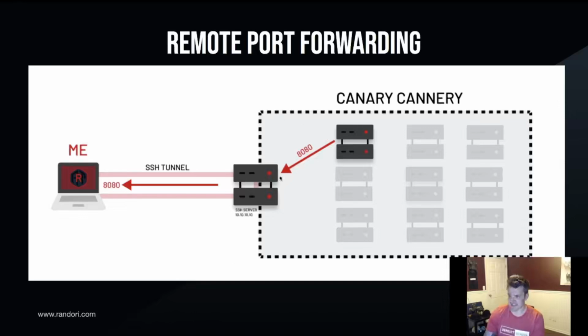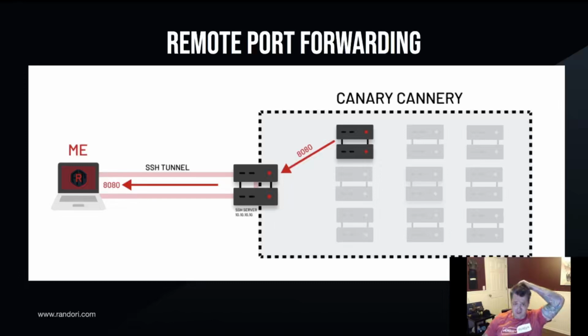But I can get to this 10.10.10 box where I have SSH access. So I want to download a file, say, on this system that I've compromised. But I don't want to just copy it up to the SSH server and then have it on the file system so somebody else can find it or get caught in the middle of doing it. I just want this all to happen in one shot.